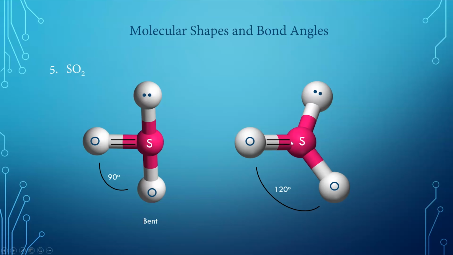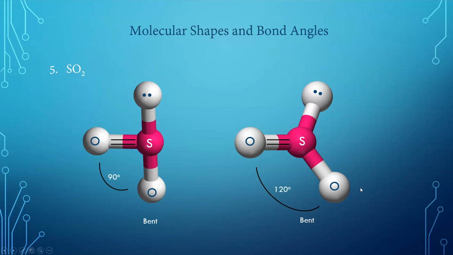If we only look at the atoms then, we have a bent molecule, but it's not bent at 90 degrees as our first structure showed, it's bent at 120 degrees. So again, with only 3 groups surrounding the sulfur instead of 4, we can spread out to a greater angle.